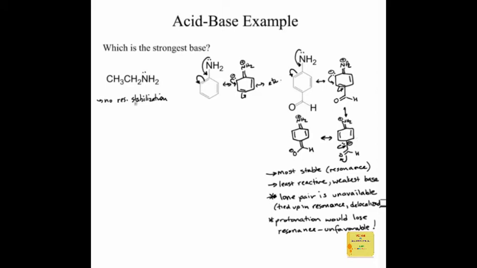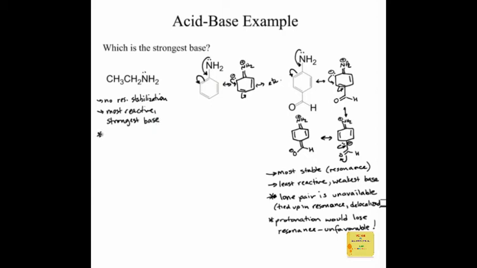Okay, and now when we're comparing these two, we would see that, again, this does have some resonance, so this lone pair is also tied up. Compared to this amine, this has no resonance stabilization and no delocalization of that lone pair. So because it has no stabilization, this is the most reactive, strongest base.